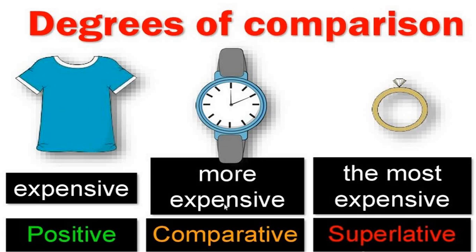So, it is more expensive. We are comparing between these all, and this is the most expensive. The most expensive. So this is called positive. These are the degrees. Okay, this is positive degree. This is comparative degree. This is superlative degree.